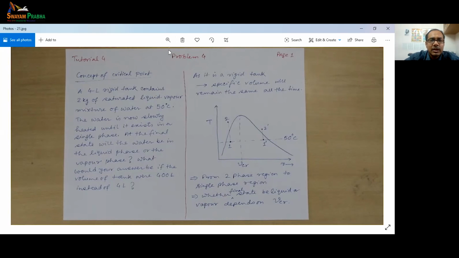Okay, hopefully in all the problems that we have taken in the last tutorial as well as this tutorial, we have covered different aspects of pure substance properties: the R134A and water tables and how to read them.